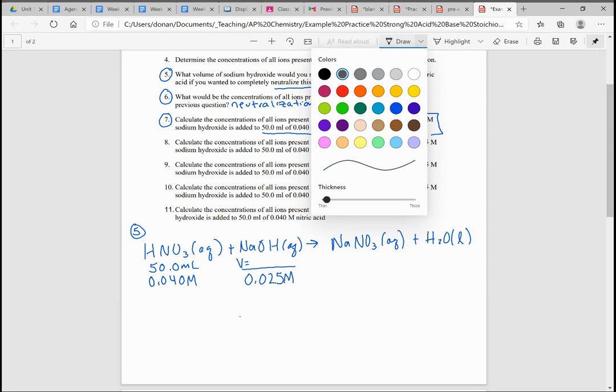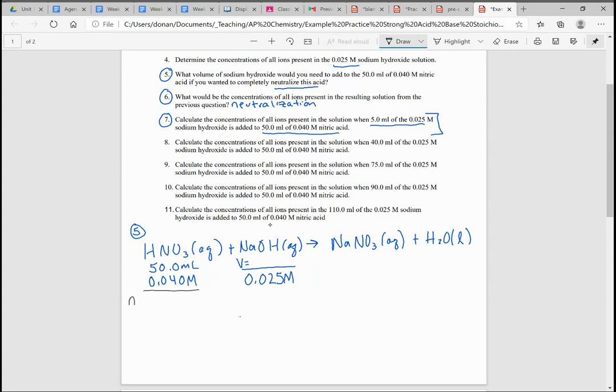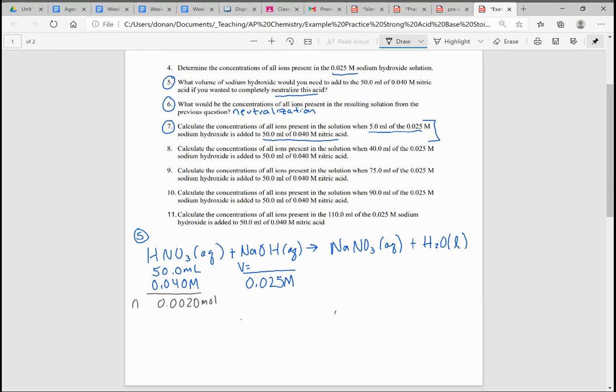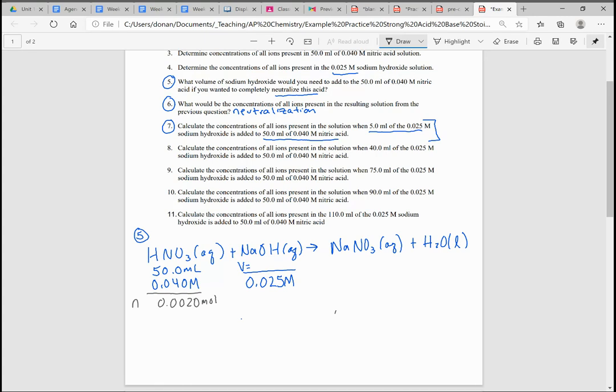We need to get these numbers into moles. So how many moles of nitric acid do I have? When we do 0.05 times 0.04, the molarity times the volume, we find that we have 0.0020 moles. Well, we can do the stoichiometry. I'm going to do it a little bit lower. Just move this up a little bit.